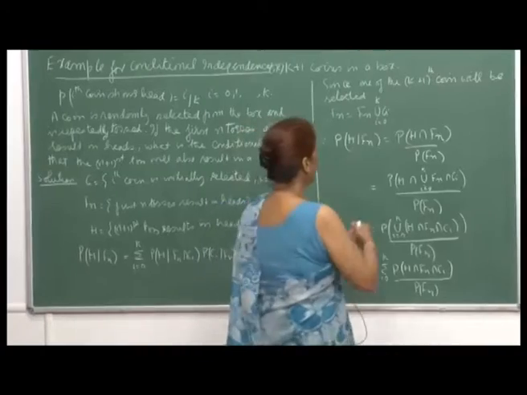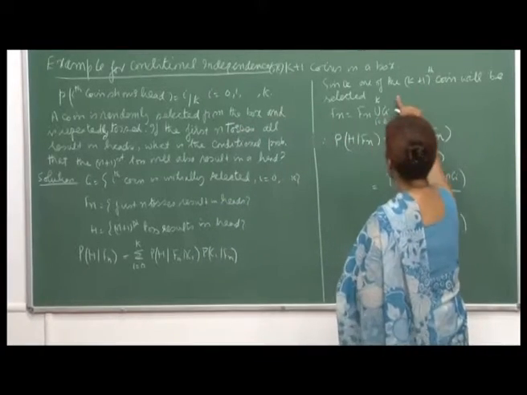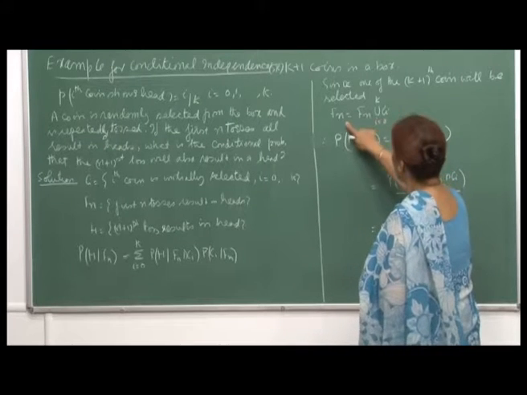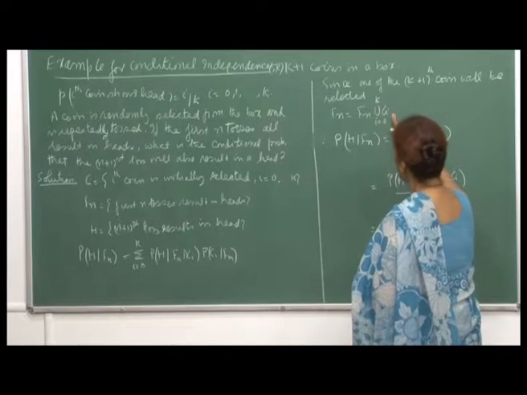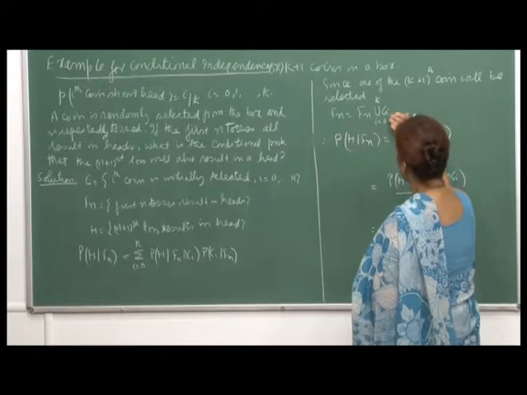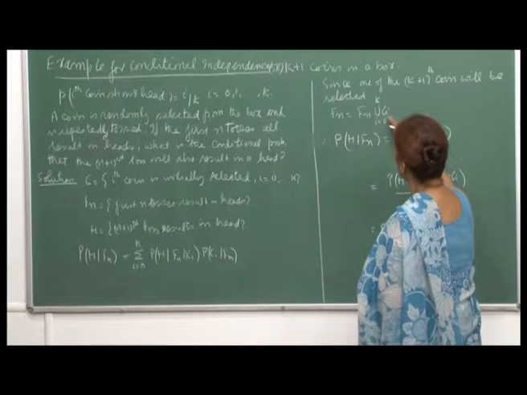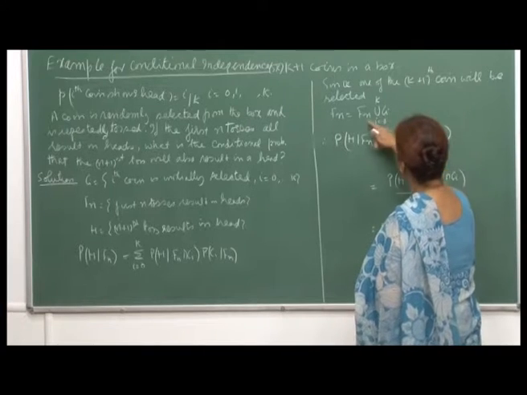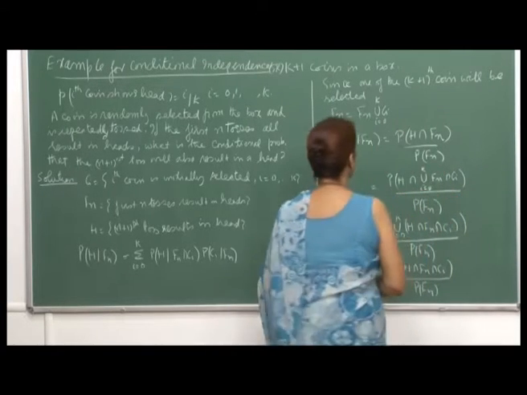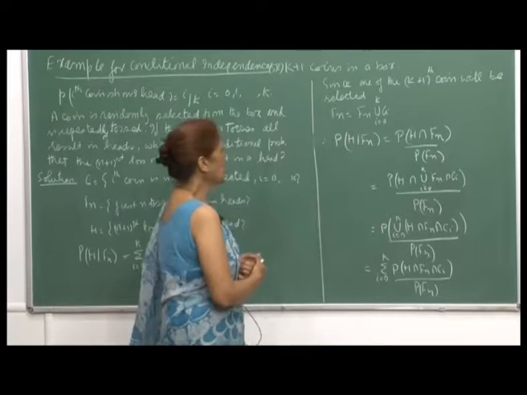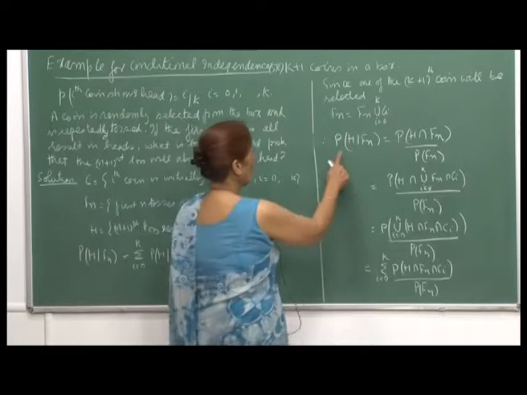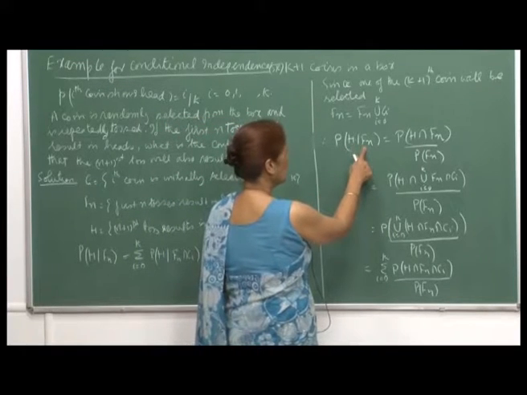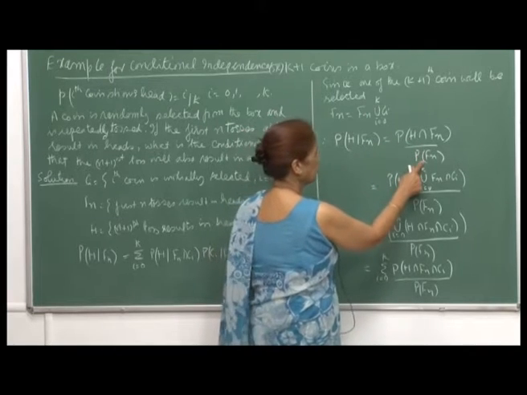Since one of the k plus 1 coins will be selected, F n can be written as F n intersection the union of C i, because at least one of the coins is selected. The probability of the union of C i, i varying from 0 to k, will be 1. So, F n can be written as F n intersection the union over i from 0 to k of C i, and therefore probability H conditional F n can be written as this.